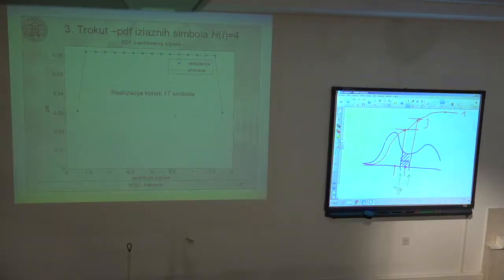Because this first and the last class is twice narrower. Okay, I don't have the full width of the class because I have only half of the quantization step for the first class, the most negative class, and for the most positive class, and that is the reason why the probability of those two extreme values is twice lower than the probability of all other values.